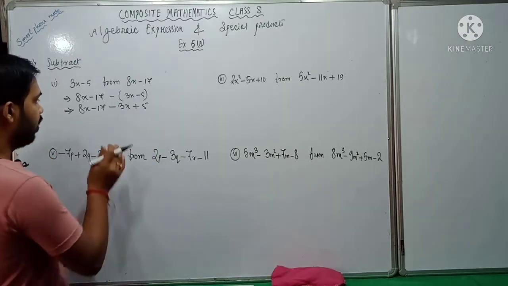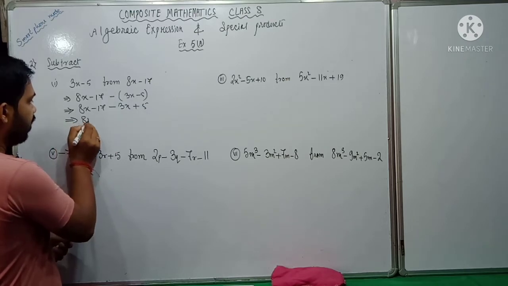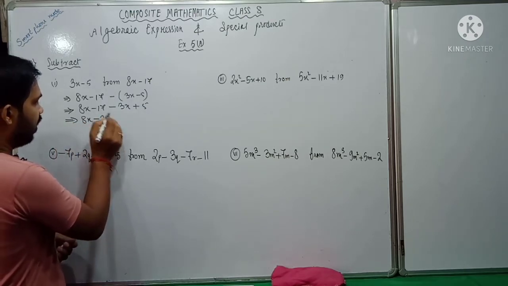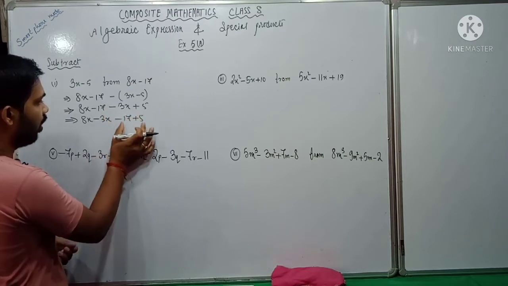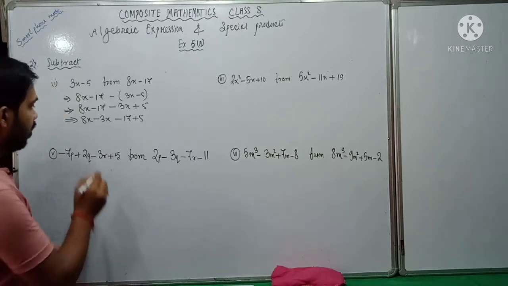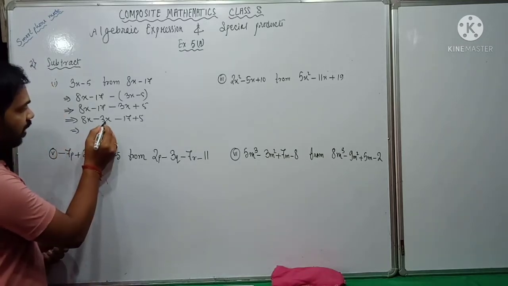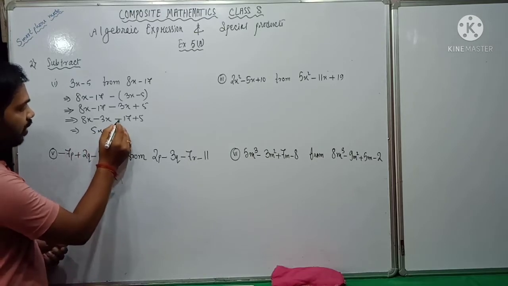Okay. Now you see, put like terms on one side. So it is 8x minus 3x and it is minus 17 plus 5. Now these are constants, so I have put them on another side, and these are variables, so I have put them on one side. Now you see, if I subtract 3x from 8x, then it will be left with 5x.